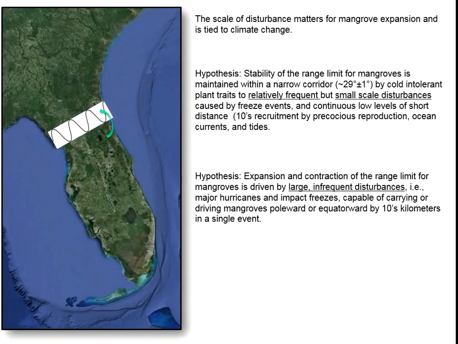So it seems that the scale of disturbance really has important implications for mangroves. If we look at the way we think of this is the top of the ecotone. The ecotone would be this whole area, but this leading edge, you get cold periods or you get hurricanes. The hurricanes push mangroves north, and then the freeze events push them back.